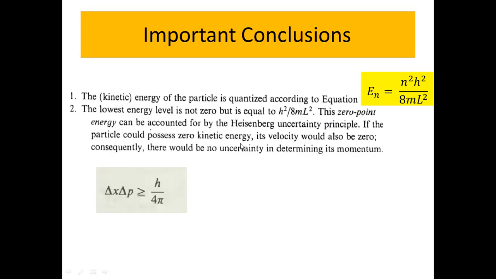So when the kinetic energy is zero and the velocity is zero, there is of course no uncertainty in the momentum, which would violate the Heisenberg uncertainty principle. So these are the two important conclusions over here. With this, I am ending this lecture, and I will take your questions.